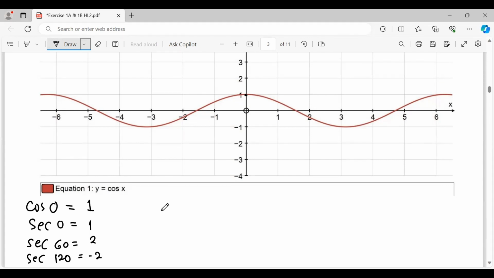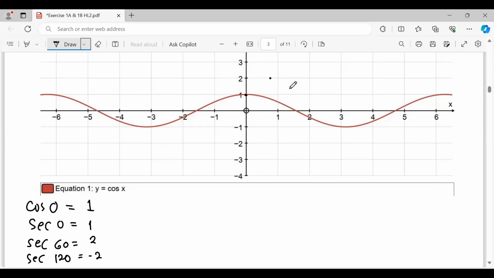Okay. We are going to sketch secant first.